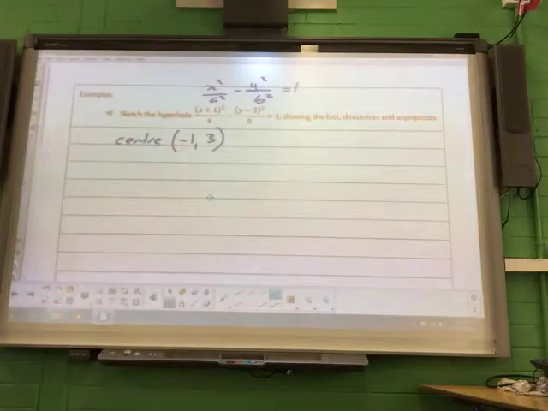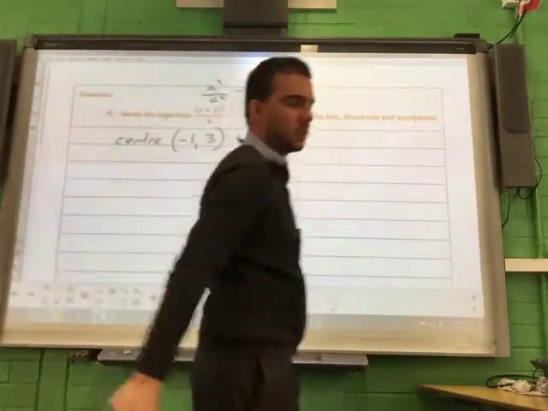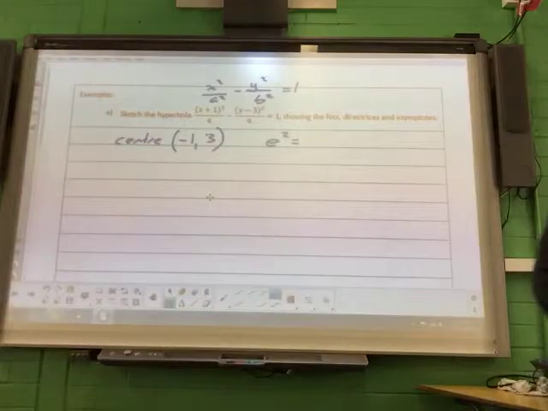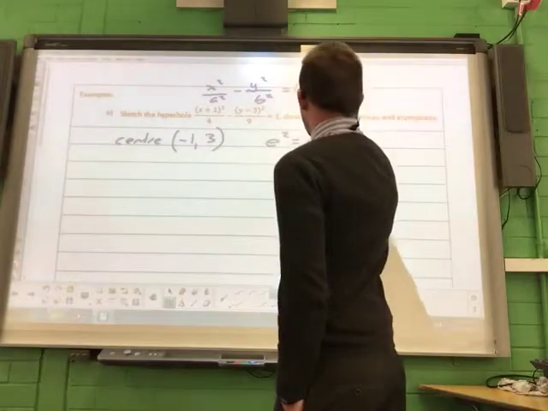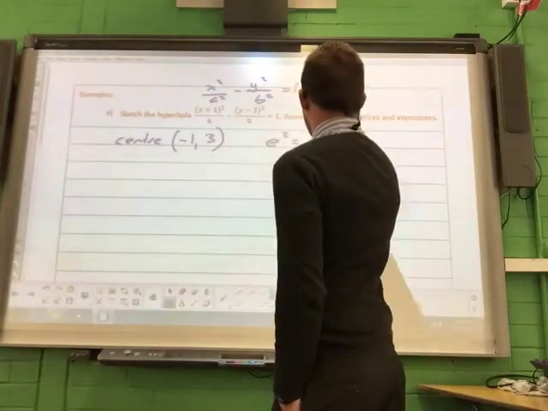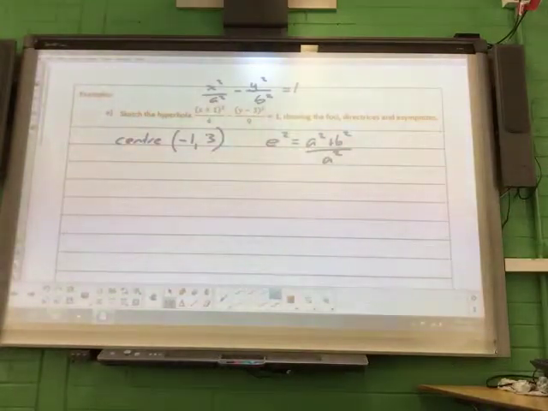Right, so we need to determine the foci, directrices and asymptotes. So before we can do that, what do I need to do first? Okay, so the formula is what? Okay, so when you've got your hyperbola, the foci lying on the horizontal, the A will become your significant variable.